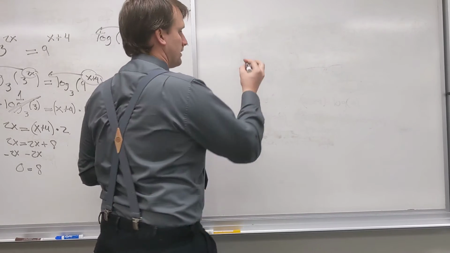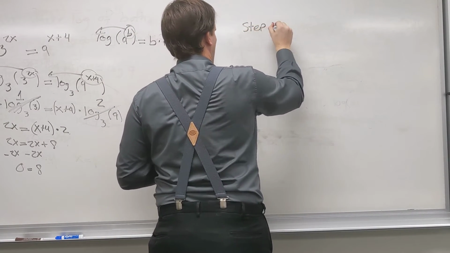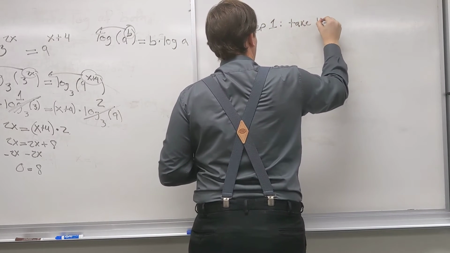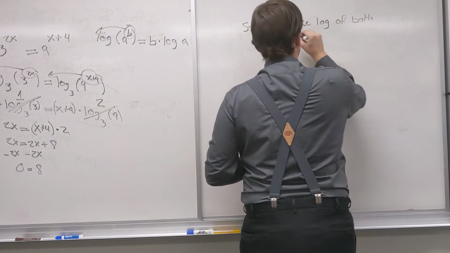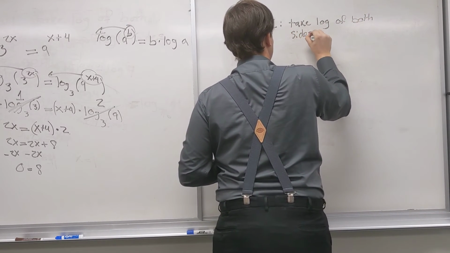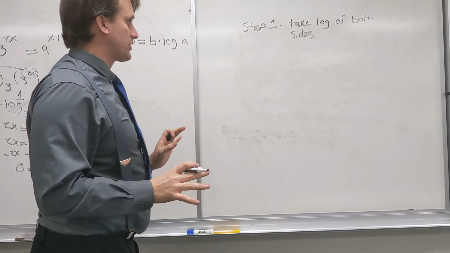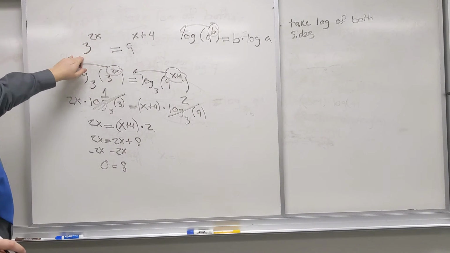Step 1 is going to be take the log of both sides. Okay? And we want to choose the base for the logarithm that matches the smallest base on the exponents that we're dealing with, right?